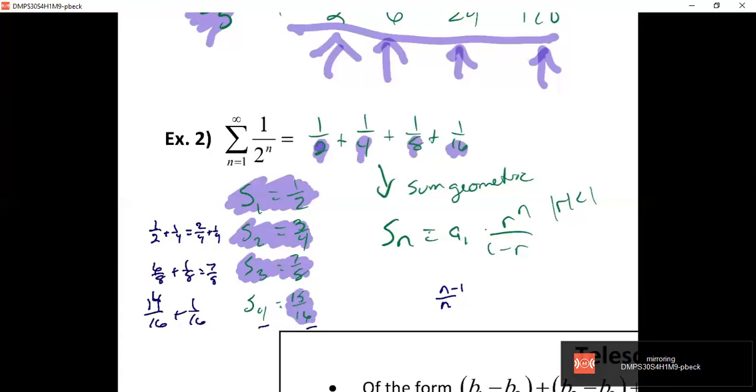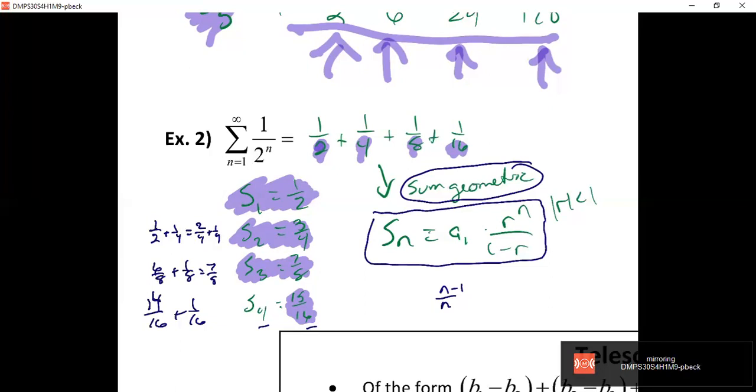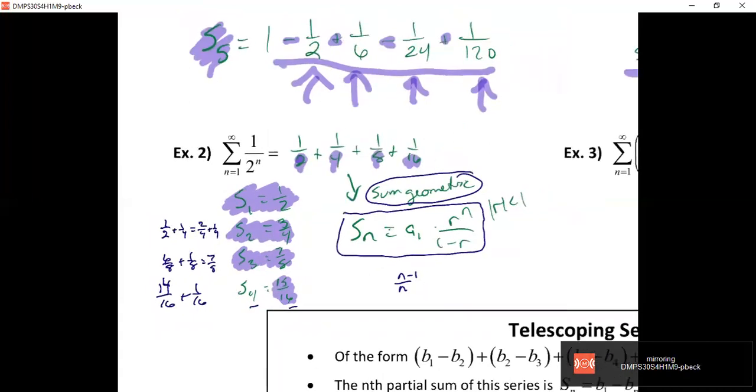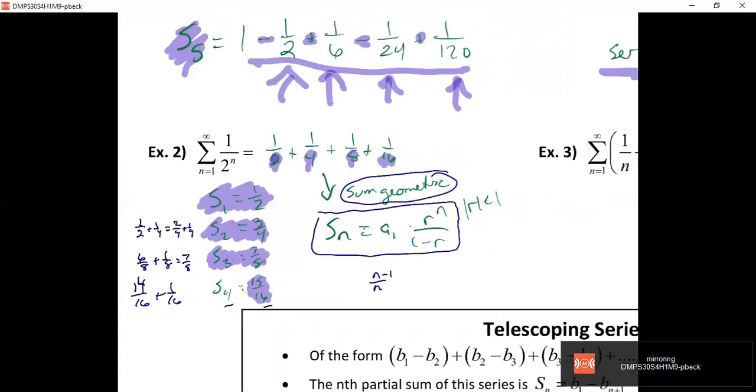Now, some of you might be saying, hey, I've seen these kind of things before. This is a geometric sum. Because it's a geometric sum, we could use the rule for geometric sums, which would be the first term times r to the nth over 1 minus r. There's a really cool proof of that I would like to show you, but I'm not going to because this video is going to be long enough anyway.